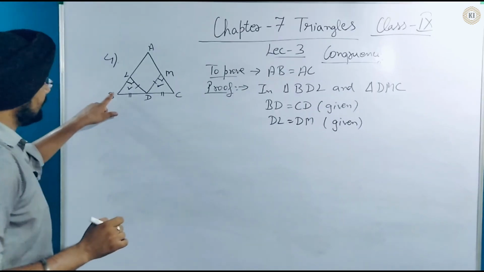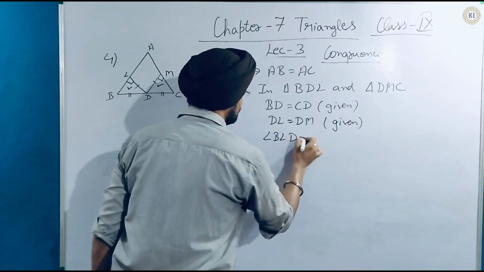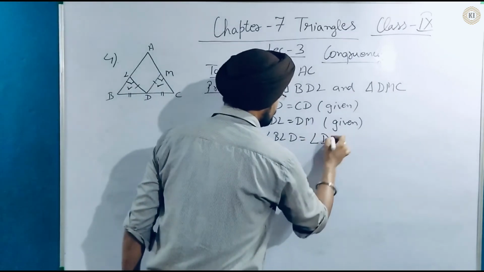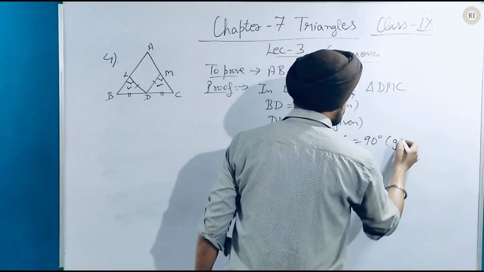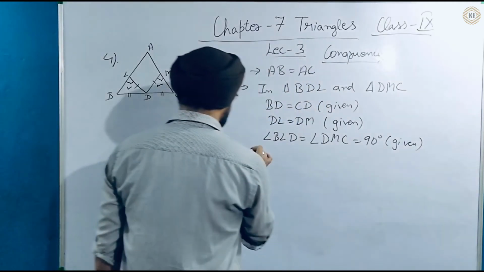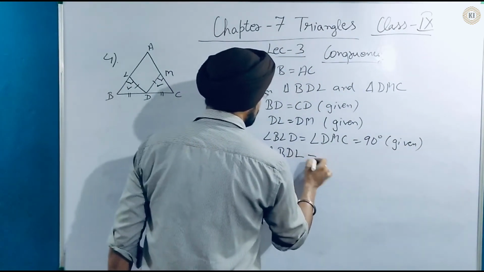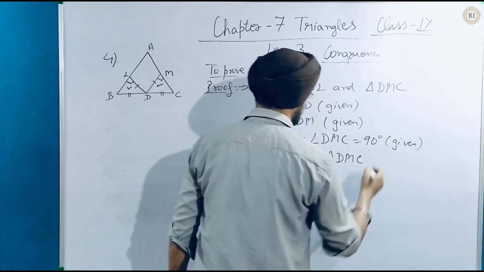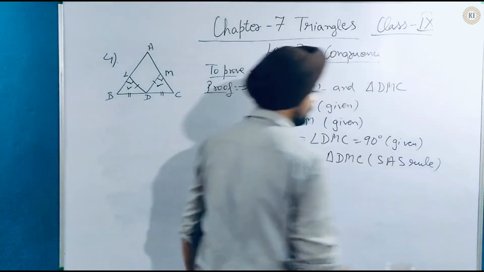And third part, angle BLD is equal to angle DMC is equal to 90 degrees, that is also given in the question. So therefore triangle BDL is congruent to triangle DMC by the RHS rule.